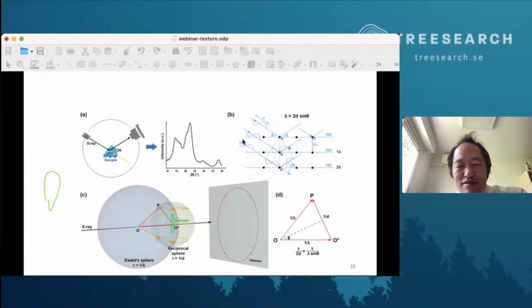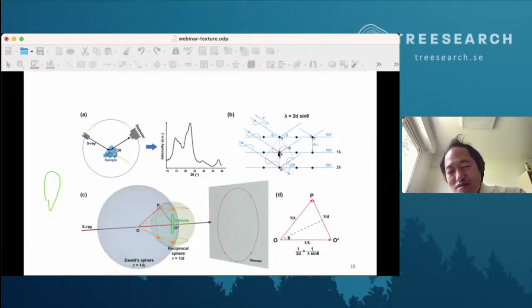And this is what is usually in the textbook of the Bragg condition, where the X-ray is entering at an angle theta and going out at another angle theta with respect to this plane. The difference of the X-ray coming here and coming to the second layer, the distance that this X-ray travels, corresponds to twice the d spacing multiplied by sine theta.